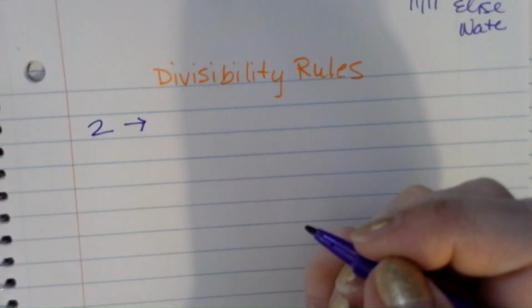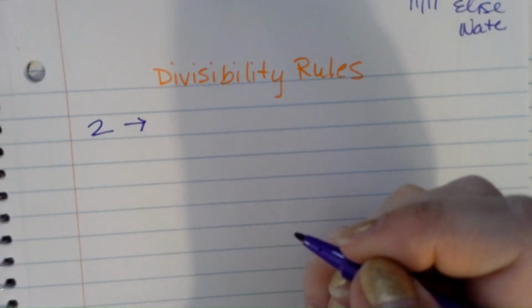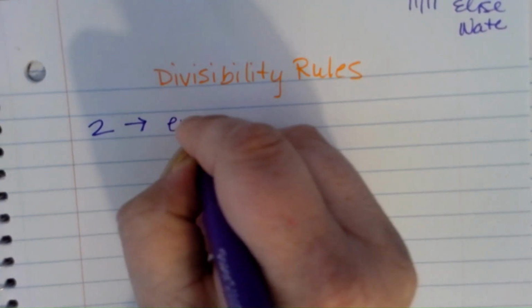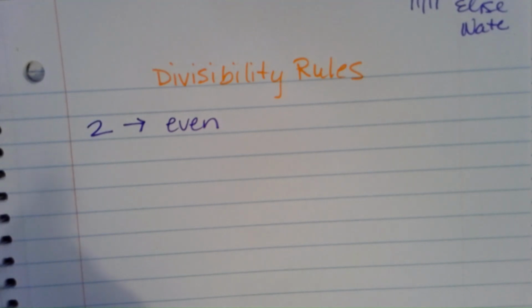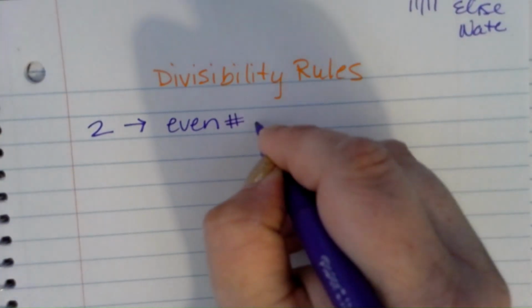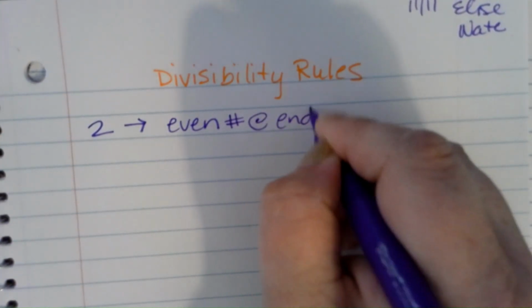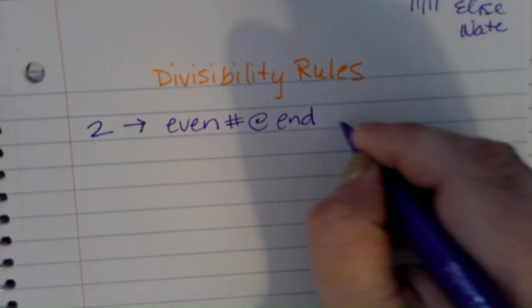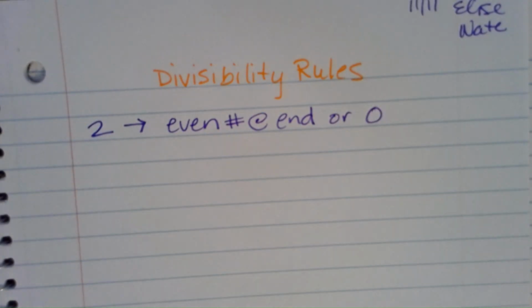So for any number, if I want to know if 2 will divide into it, we just talked about the fact that if it's even, 2 will go in it. Okay? If it ends in an even number, you know what? I'm even going to say even number at the end. Okay? Because you could get a number that's in the billions. But if that number ends in an even number or a 0 at the end, it will be divisible by 2.